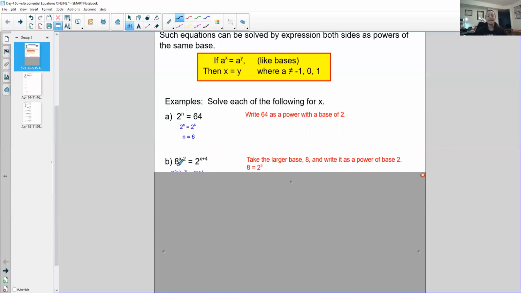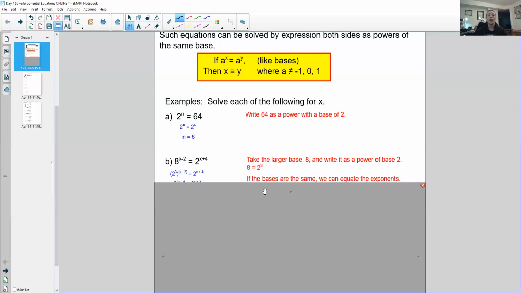If I could write the 8 as a power with a base of 2, then my bases would be the same. So I can write 8 as 2 to the exponent 3. So I'm going to replace the 8 with 2 cubed. When you do that, please keep it in brackets, because you'll realize now that this x minus 2 applies to the whole 8, which means that it is going to apply to 2 cubed.